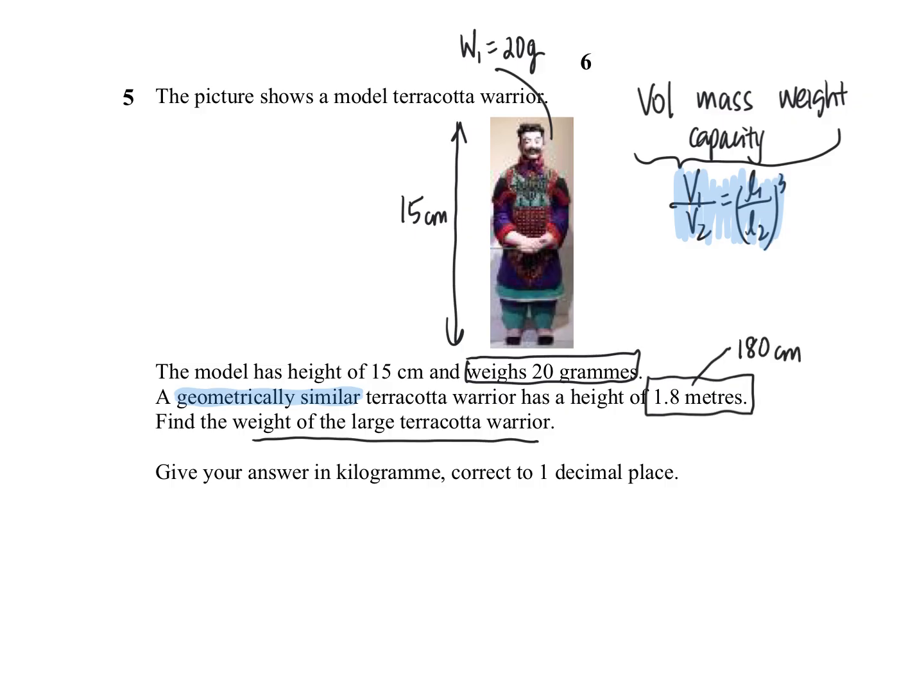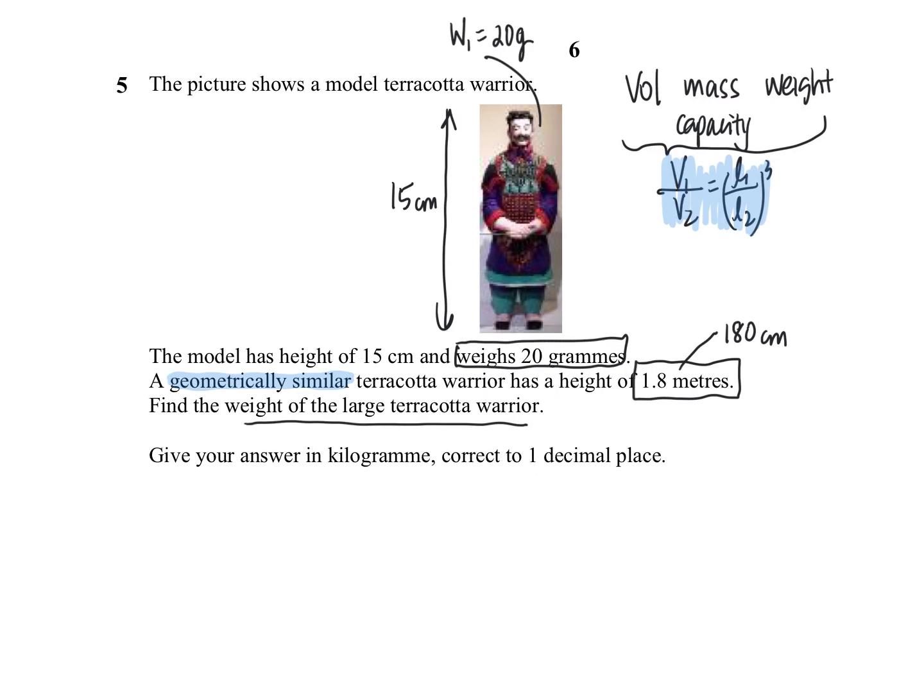Okay, so now they say, can you find the weight of the warrior? So we plug in, assuming that the weight of the small one is 20. You want to find the big one, you can say large, if you want to change the subscript. And then the length is 15 out of 180. Then you cube it.